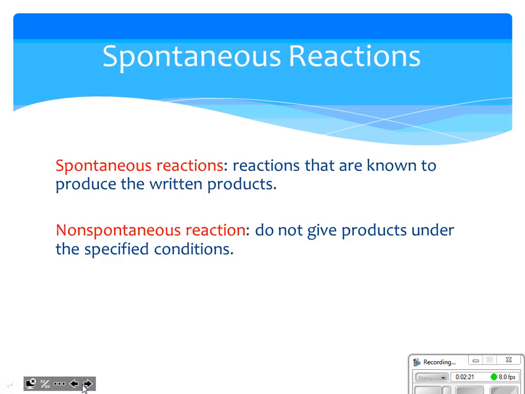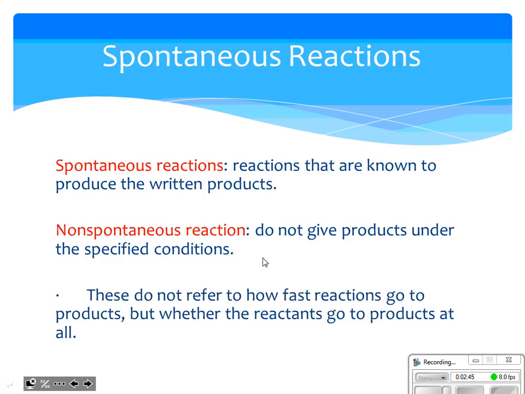So, it has to be under given conditions. So what a non-spontaneous reaction is, is that it will not yield those products under the conditions that are given right there. A spontaneous reaction will yield the products with the specified conditions.